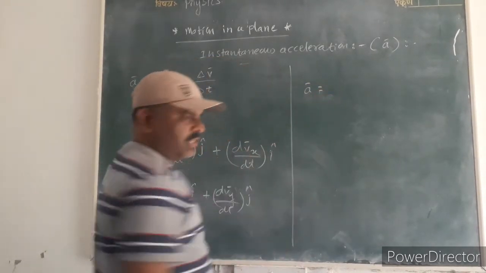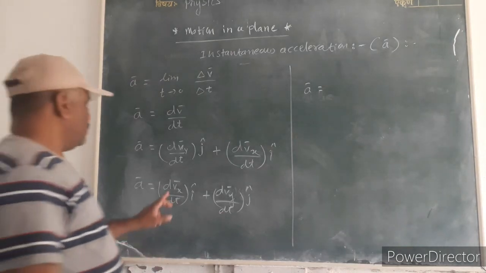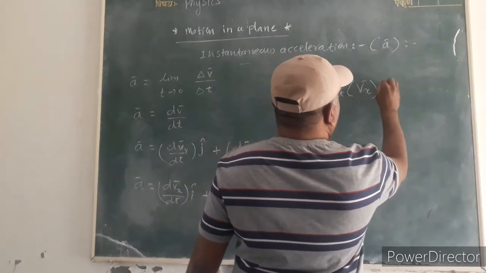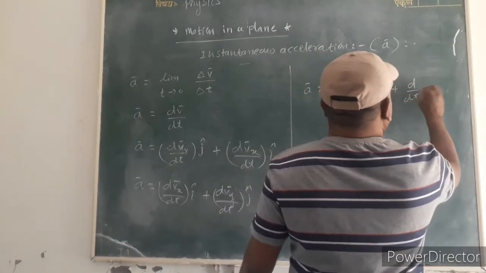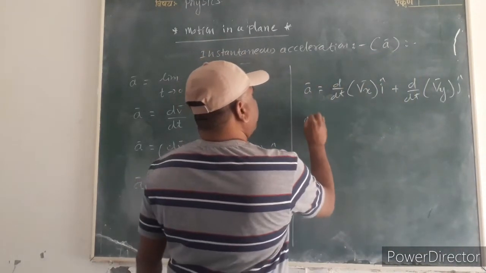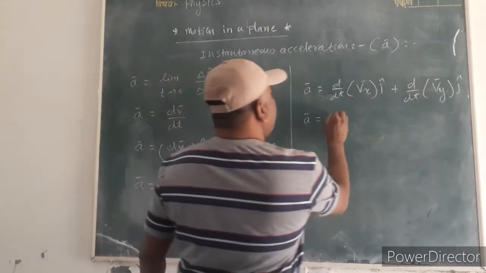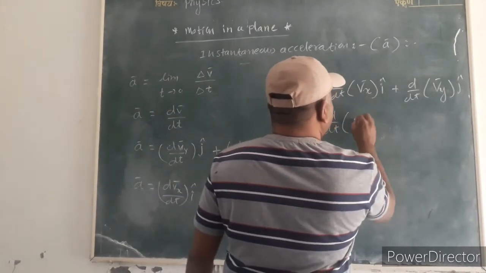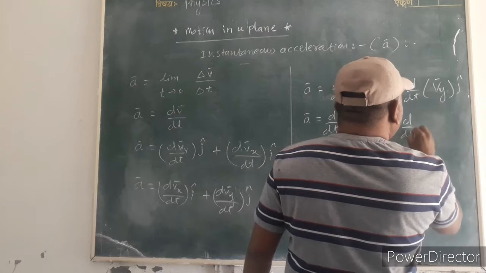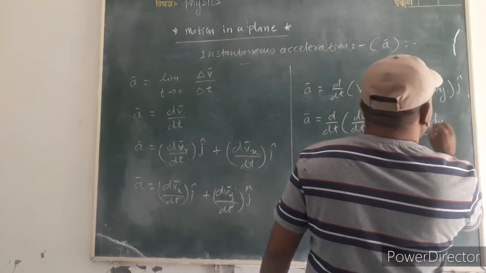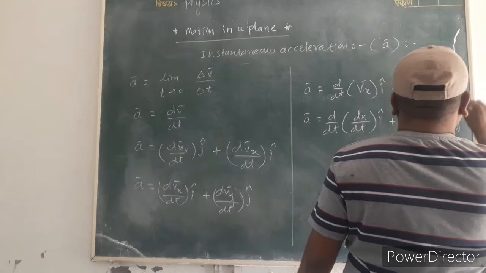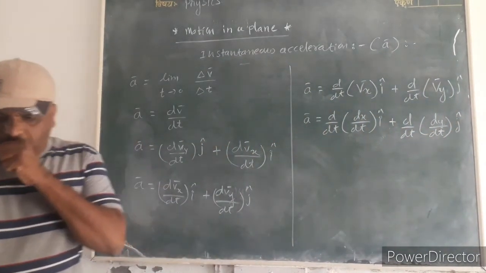Therefore, a bar is equal to d upon dt of vx into i cap plus d upon dt of vy into j cap, that is d upon dt of dx upon dt into i cap plus d upon dt of dy upon dt into j cap.